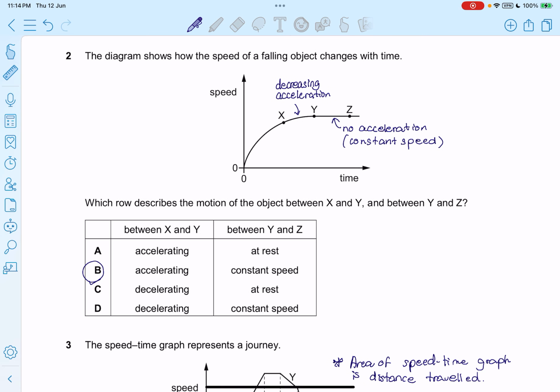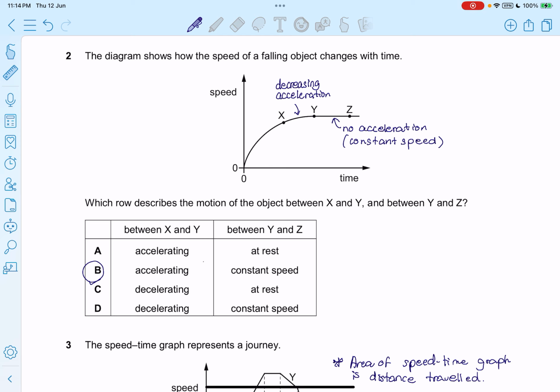Number 2, the diagram shows the speed of a falling object changes with time. Which rule describes the motion of the object between x and y and between y and z? So between x and y, it is still accelerating because of this little curve, but the only thing is that the amount of acceleration is decreasing, but it doesn't mean that it's not accelerating.